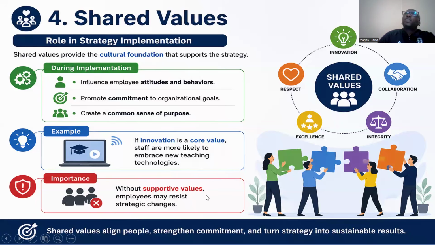Now, without supportive values, employees may resist strategic changes. If the culture in the organization is not supportive, employees are going to resist, employees are not going to work towards the strategy. So shared values align people, strengthen commitment, and turn strategy into sustainable results.